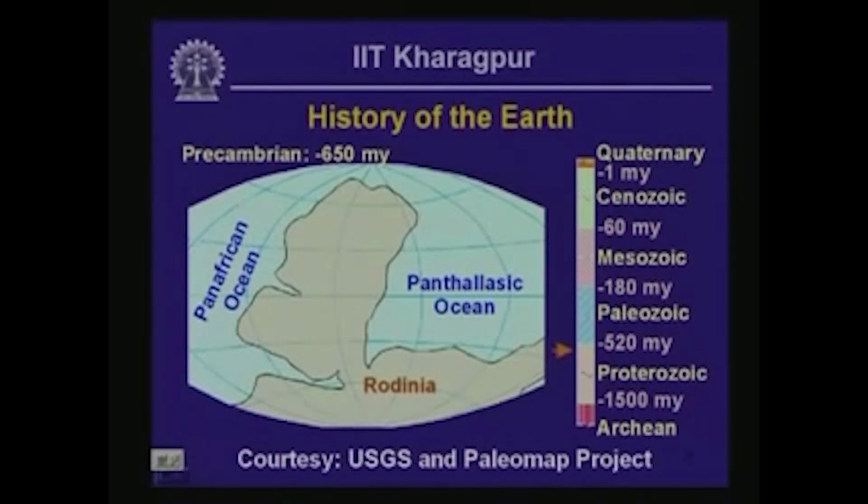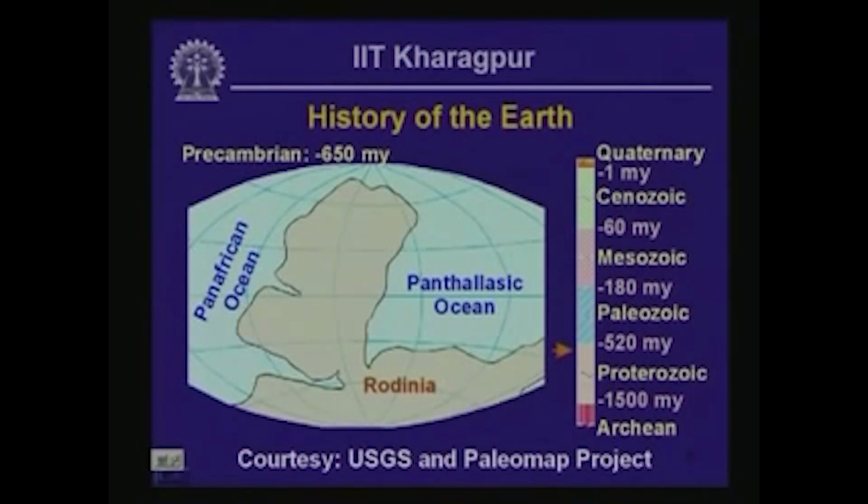And there is an orange arrow on the right side of the bar chart that shows the approximate timing of the map of the earth that is shown on the left. So the map on the left is actually the one in the Precambrian era, approximately 650 million years ago.